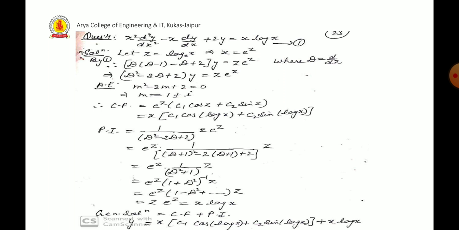This implies that the value of PI is z e to the power z, which is x log x.